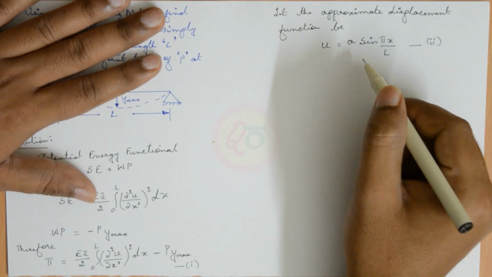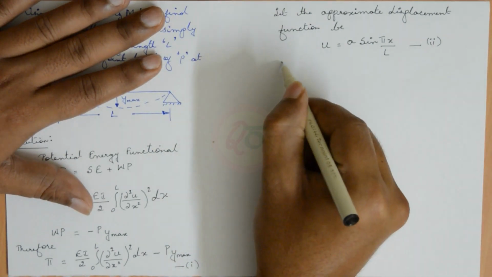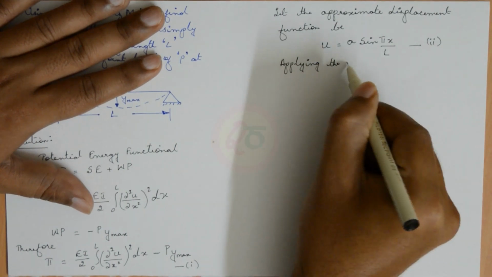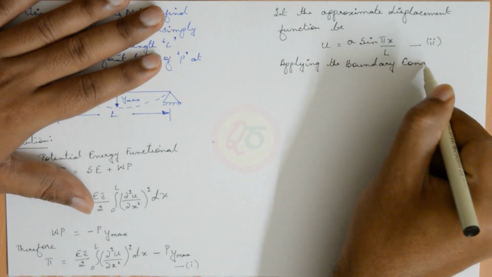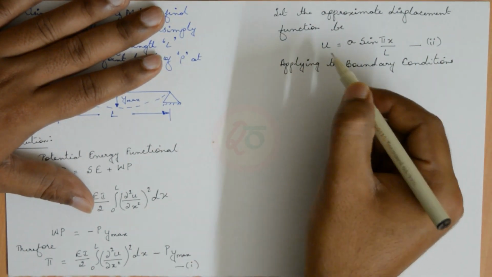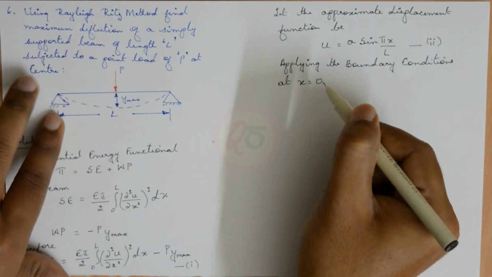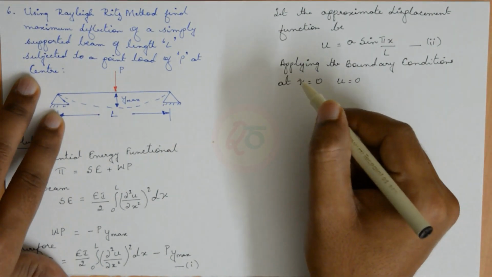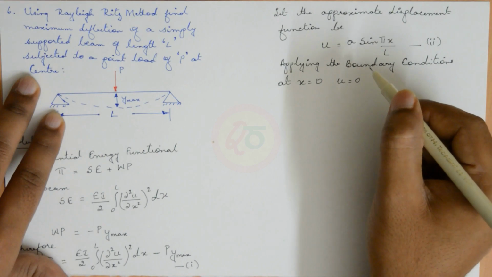This particular trigonometric function should satisfy the boundary conditions. So what are the boundary conditions? Applying the boundary conditions, at x equals 0, displacement u is equal to 0.